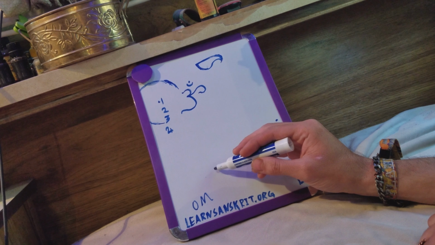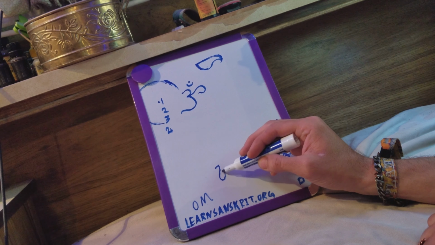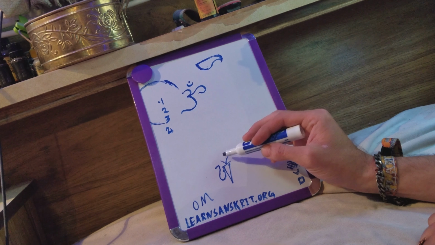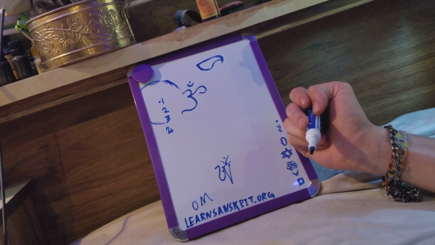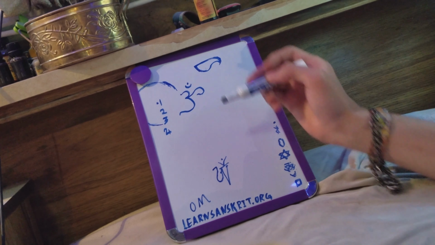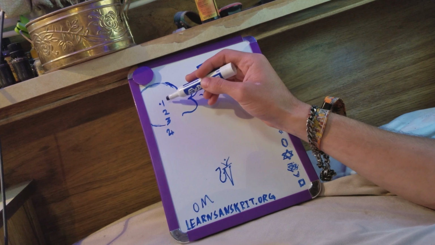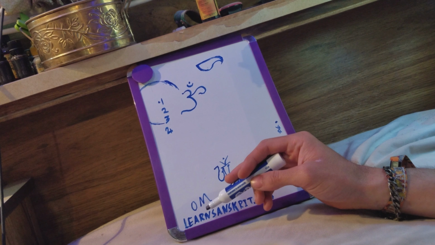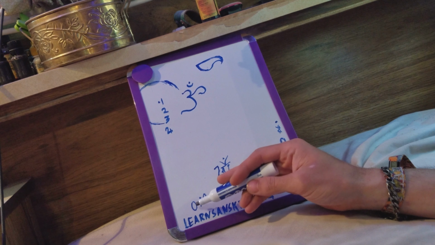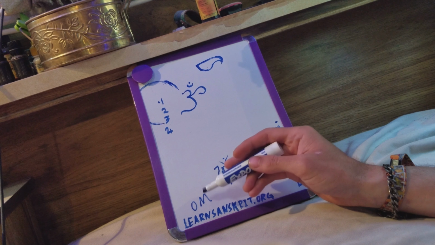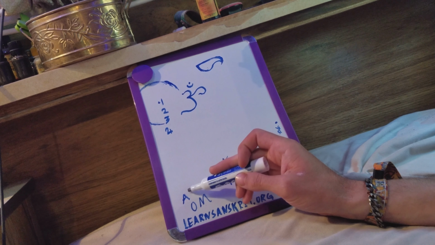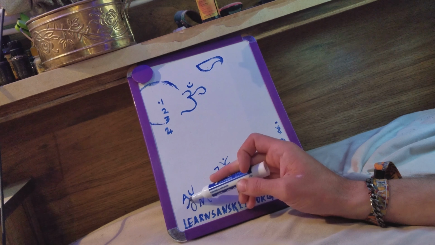In Tibetan, it would be something a bit like this. And this is, in Sanskrit, the O is a double vowel, and it represents the A and the U.